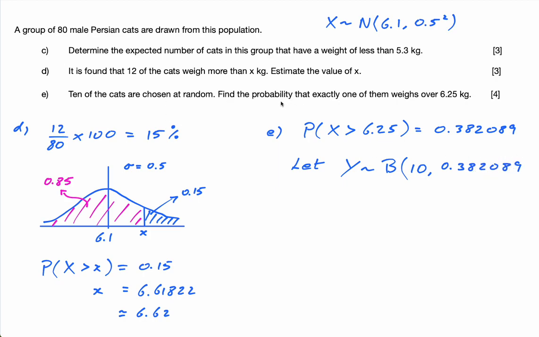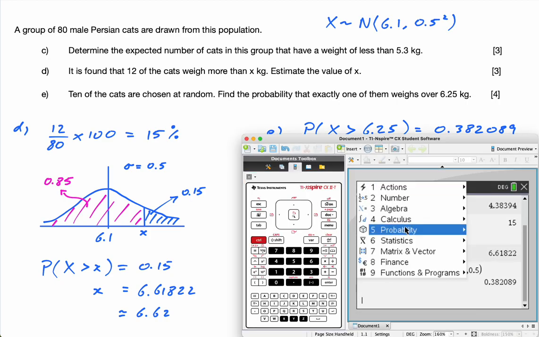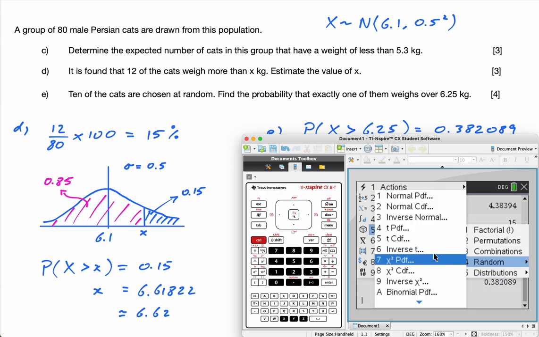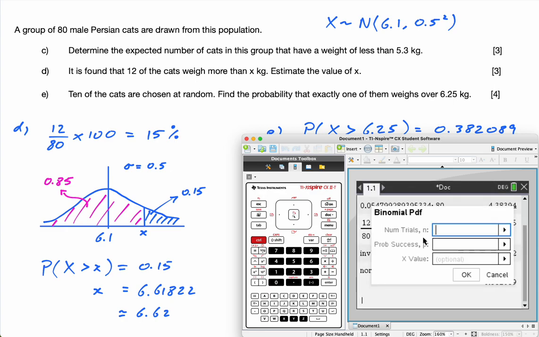Find the probability that exactly one of them weighs over this. So I just need to find the probability that Y is equal to 1. This is menu, probability, distributions, binomial PDF, because it's exactly 1 that they want. Number of trials is 10. Probability of success is this thing here, 0.382089.